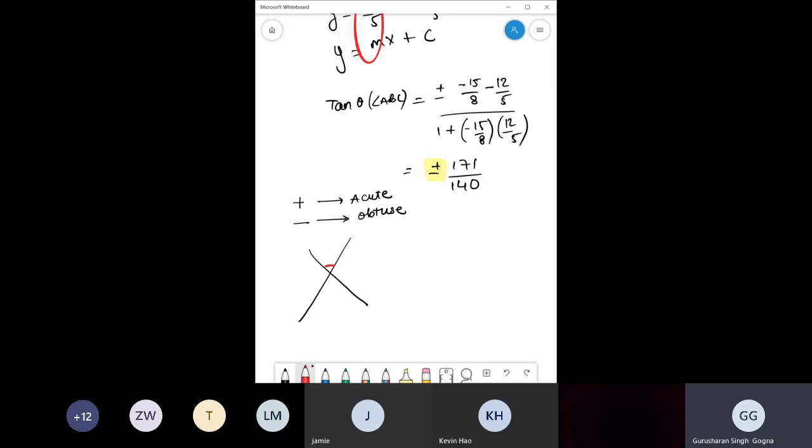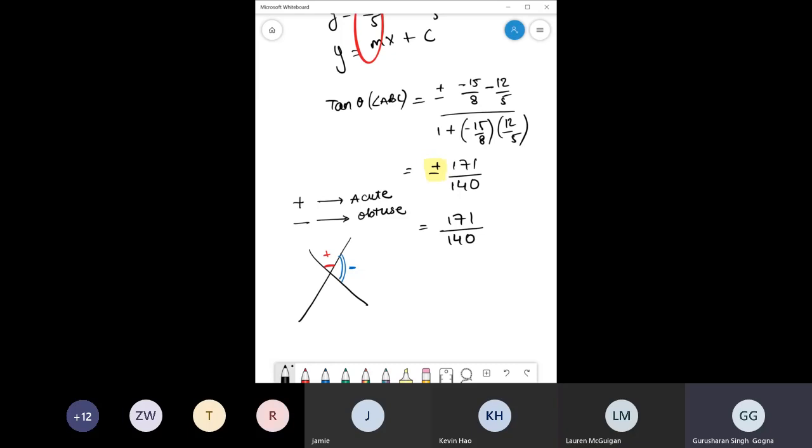It can form acute angle, which means less than 90 degrees. And the other angle here is obtuse, isn't it? So minus is for obtuse angle and plus sign for the acute angle. Okay. But in your case, you can see that it's an acute angle according to the diagram given in the question. So we'll just use the first one, which is 171 over 140.